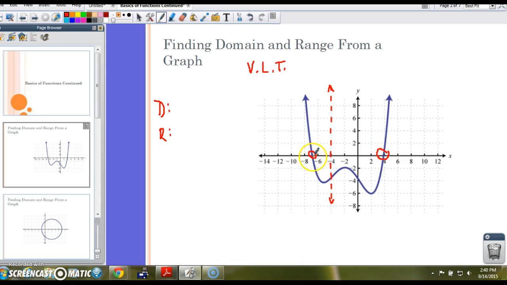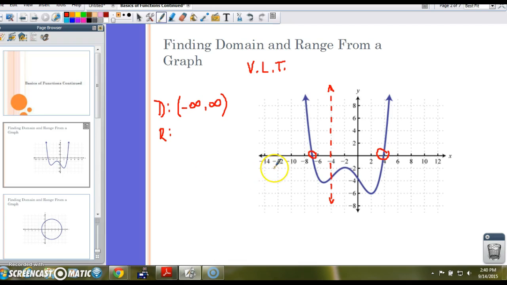You have a 0 at -7 and a 0 at 4, but that is not representative of your domain. I'm looking for the smallest value. These arrows on the ends of my graph are signifying that this graph continues on and on forever in the negative x direction and in the positive x direction, which means that my domain would go from -infinity to +infinity.